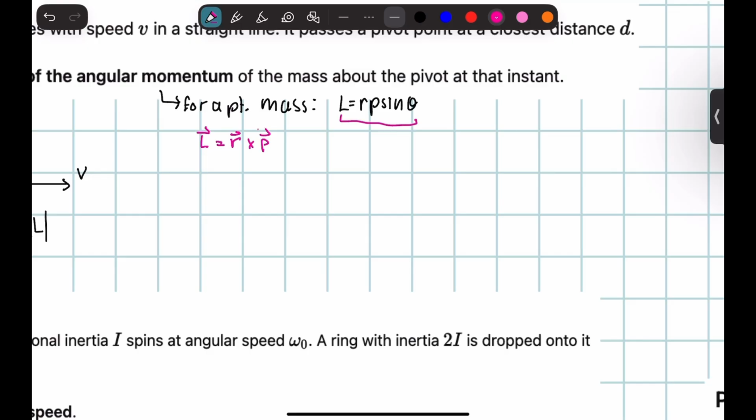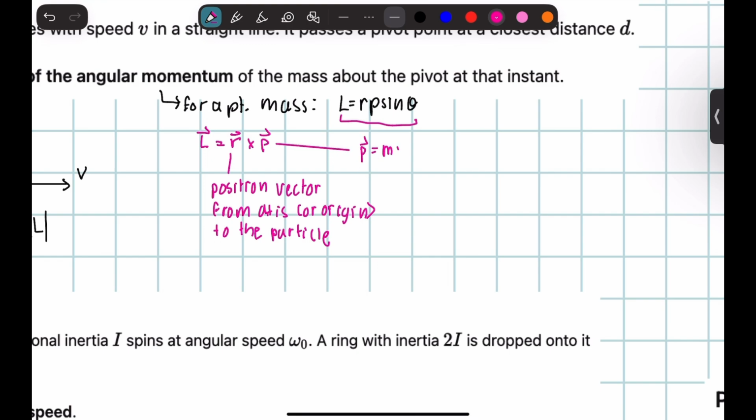It's the cross product, where r is the position vector from the axis or the origin to the particle, and p is just the linear momentum.